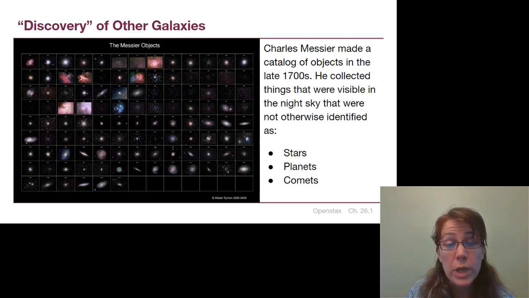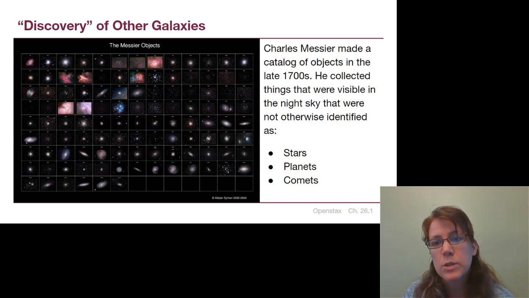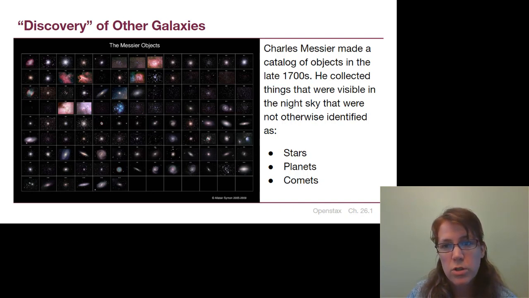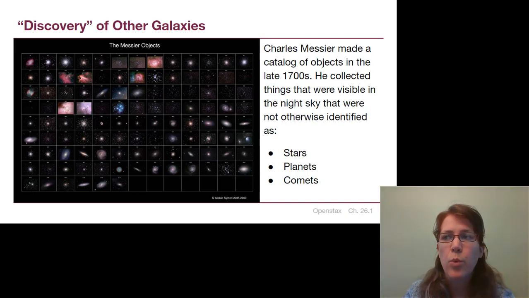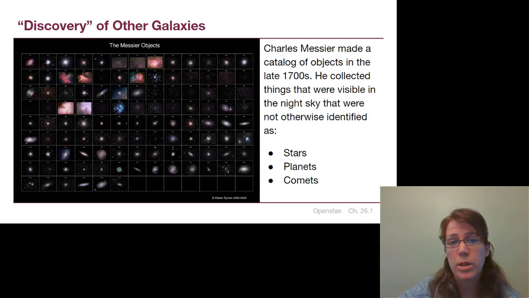And the really important thing to recognize, and the reason I've started with this anecdote, is that in the 1700s, when Charles Messier made this catalog of objects, we didn't actually know that these were other galaxies. So we talked in Chapter 25 about how we discovered the Milky Way galaxy, and that took having distance measurements to Cepheid variables in globular clusters to be able to get a sense of the overall size of the galaxy.